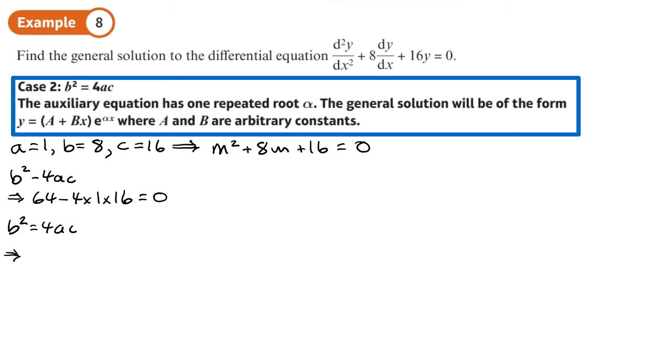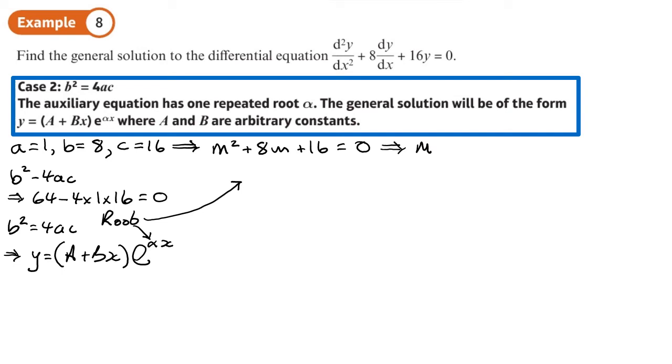y equals a plus bx, just like the last example was a general solution, e to the alpha x, and this will be whatever that root is, which we're going to find over here. So let's factorize this. There should only be a single root. So I'm going to have m minus 4 all squared.